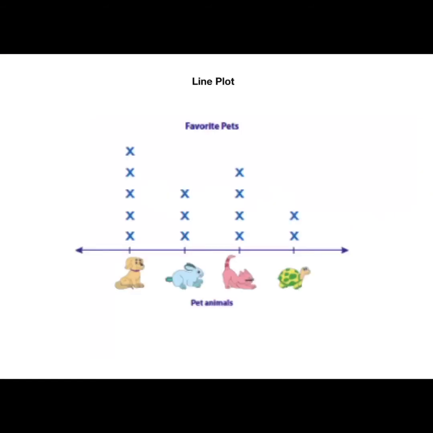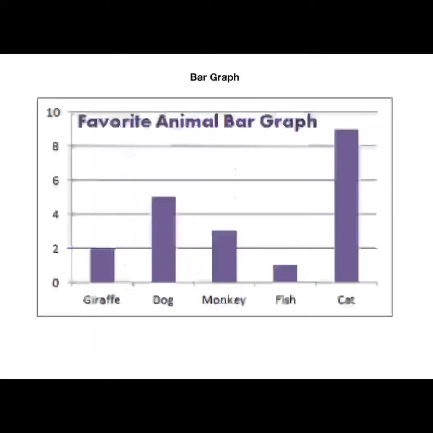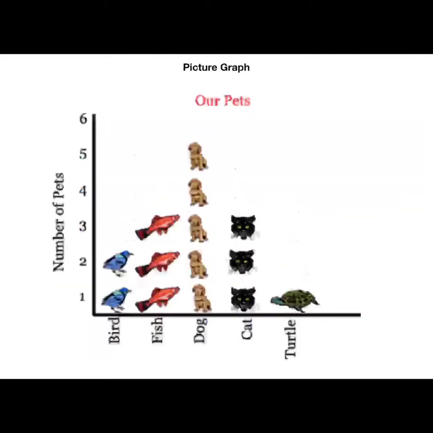So if we remember, this is what a line plot looks like. It's got a horizontal axis, and it tells you how many, in this case, favorite pets there were between dogs, rabbits, cats, and turtles. Bar graphs look similar. Along the bottom, or sometimes along the side, it'll tell you the different animals, and then it's colored in with bars.